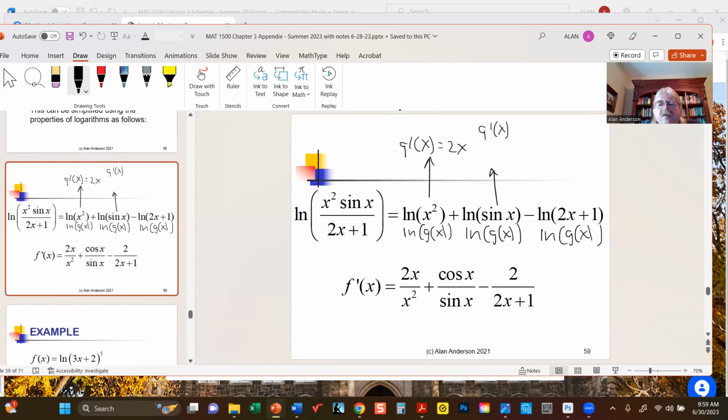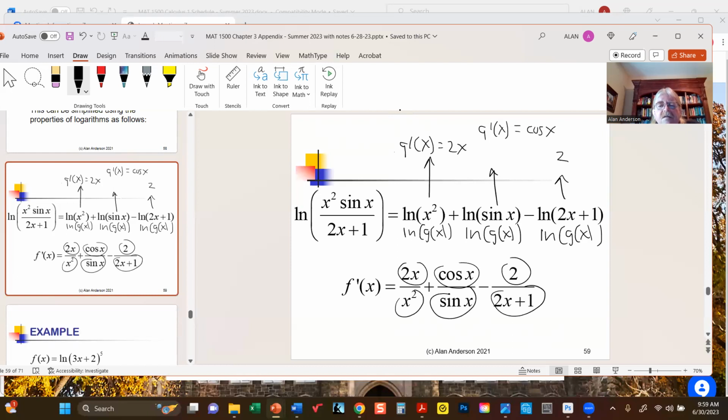And remember, the derivative of the sine is the cosine of x. And here we simply end up with 2. So in each of these cases, we have the derivative in the numerator, and in the denominator, we have the original function.